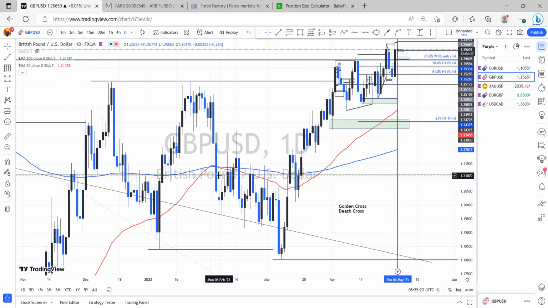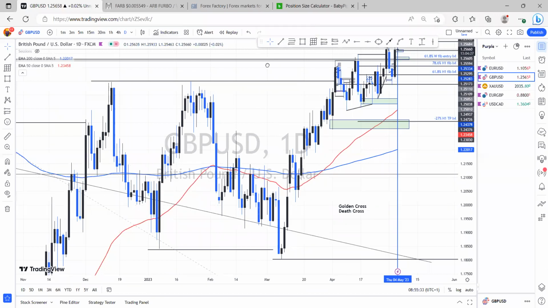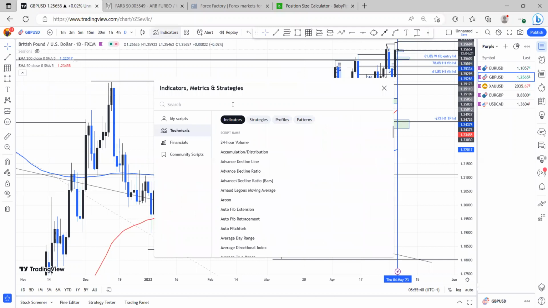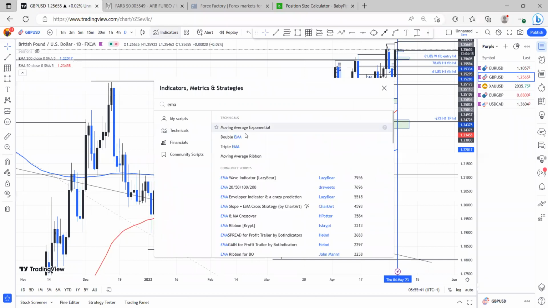If you don't know how to set it, go and watch YouTube. Please, I beg in the name of God. I will not be teaching you how to set that one. You set your 200 EMA and your 50 EMA. In my case, let me just show you, I beg, guys. You go to indicators and then you type EMA. This is it here, moving average exponential.